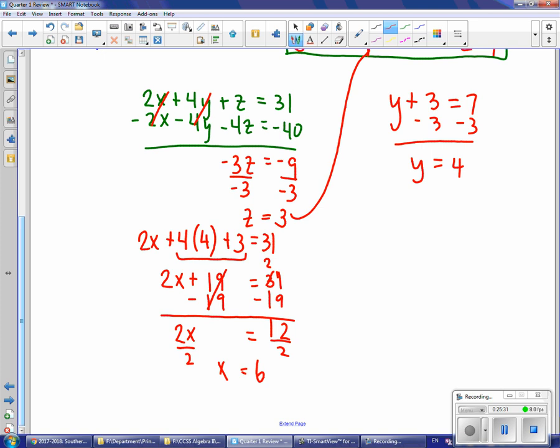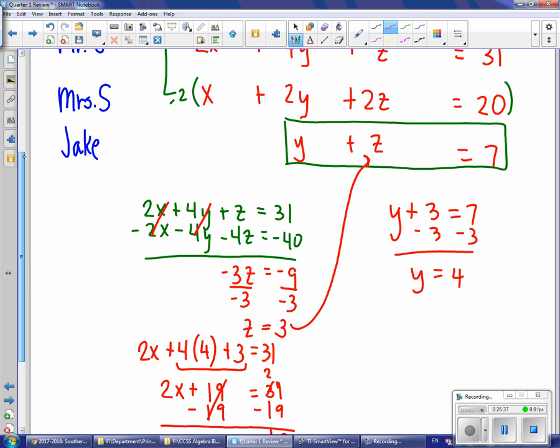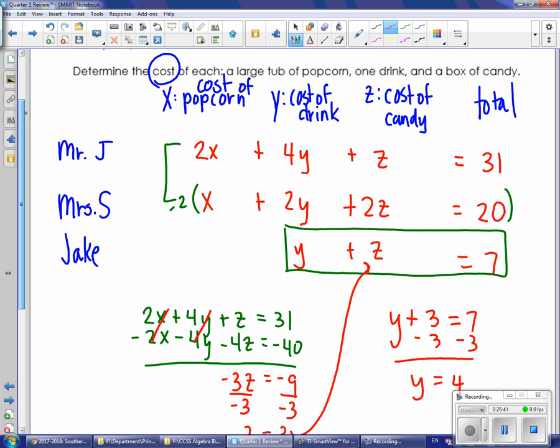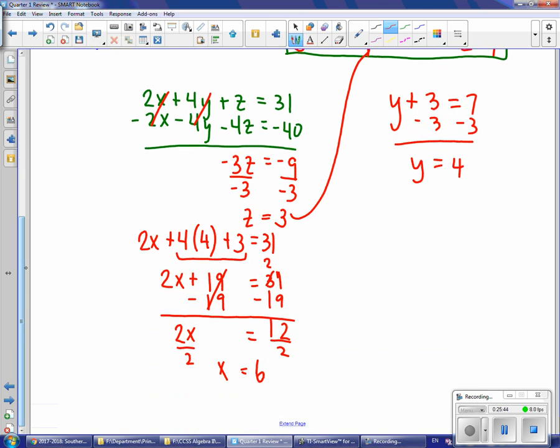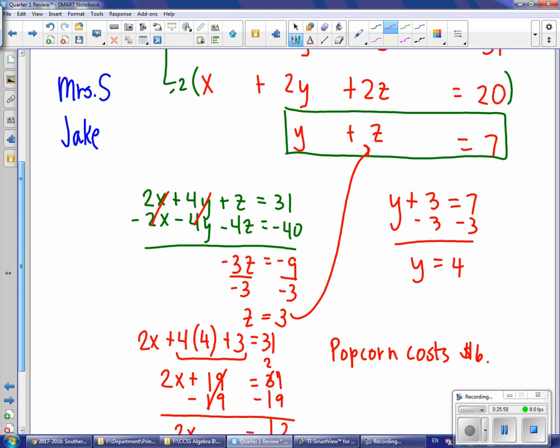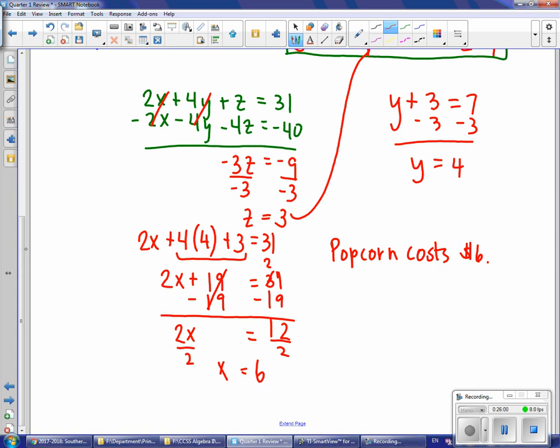Now the last thing that's very, very important is that you put your answer in the context of the problem. Remember, we're talking about the cost of popcorn, drinks, and candy. And so I want to go ahead and write my answer. So popcorn costs how much? That's my x variable. So popcorn costs $6. My y variable corresponded to the cost of a drink, and z to the cost of candy.